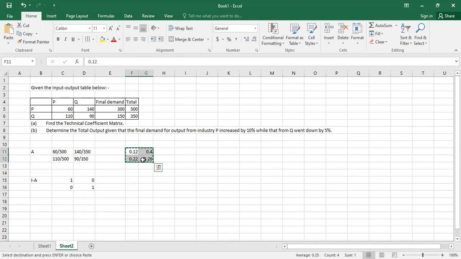Let me paste it here. And the answer that I'll get should give me now the Leontief inverse. Before I get to the Leontief inverse, if I take you back to the notes, we need to get first, let me show you the process.